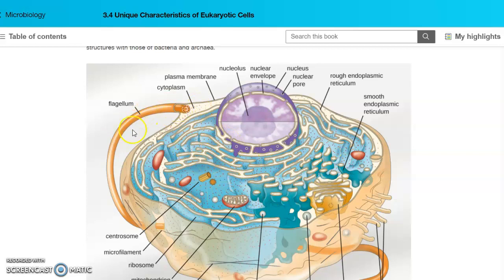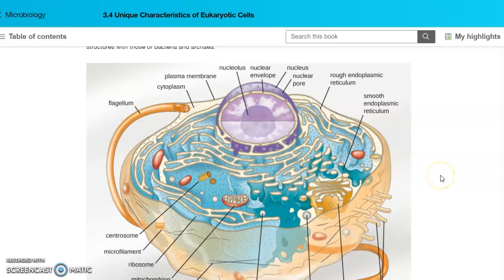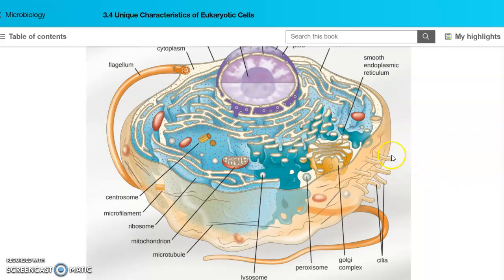We can still have flagella, like we saw on the prokaryotic cell, but we see something a little different here on the external surface. We have cilia. We don't find the pili or the fimbriae on the eukaryotic cells like we did on the prokaryotic cells.